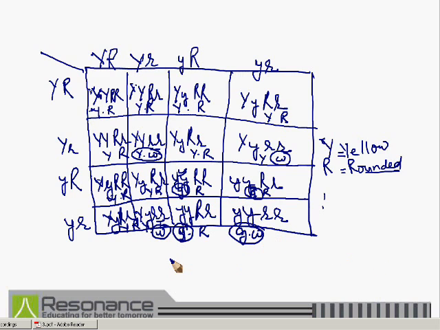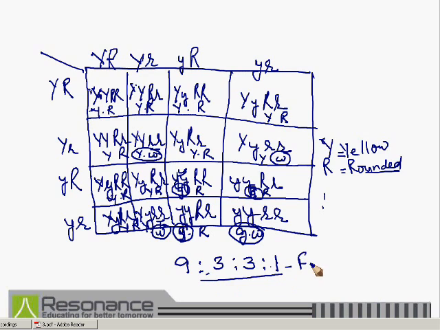If we see, there are in all 9 plants with yellow and round form, 3 plants with yellow and wrinkled form, 3 plants with green and rounded form, and only one with green wrinkled form.